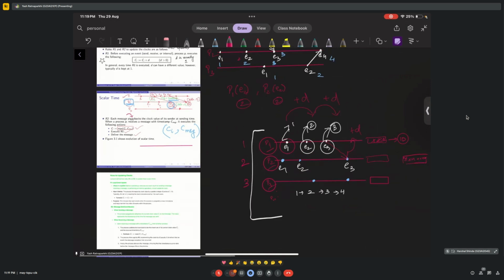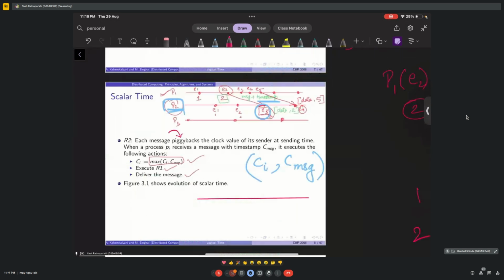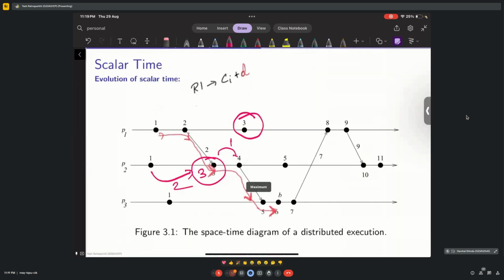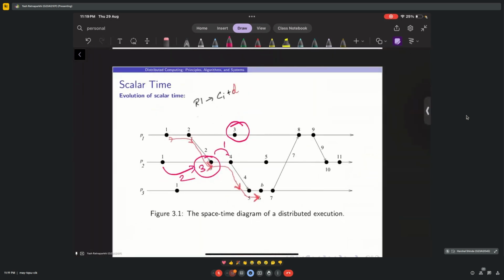Because in this scenario where the figure was 3.1, let me take you to that. Yes, 3.1. The process identifier for P1 was 1, for P2 was 2, and for P3 is 3. Now, in this scenario, if there are two tiebreakers for this value and this value, we will see their process identifiers.